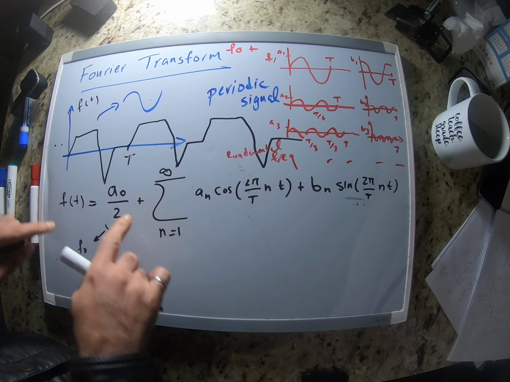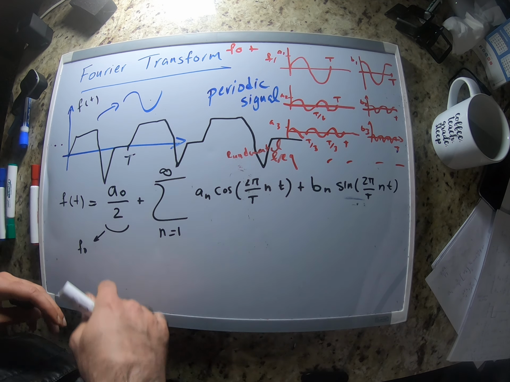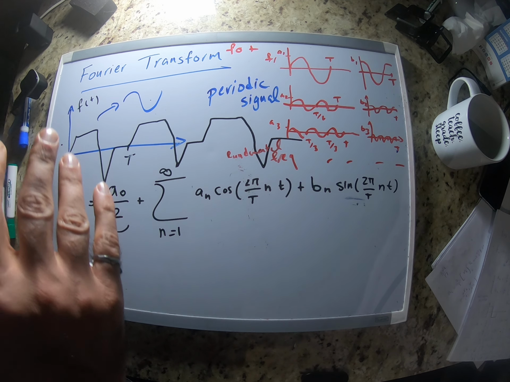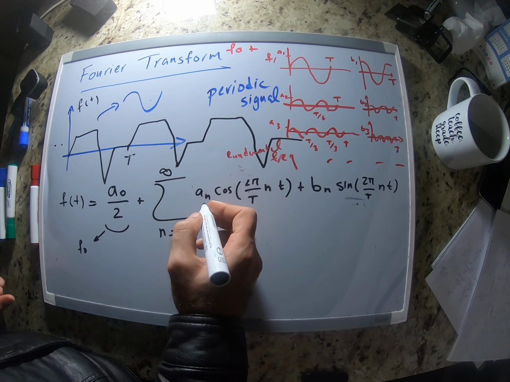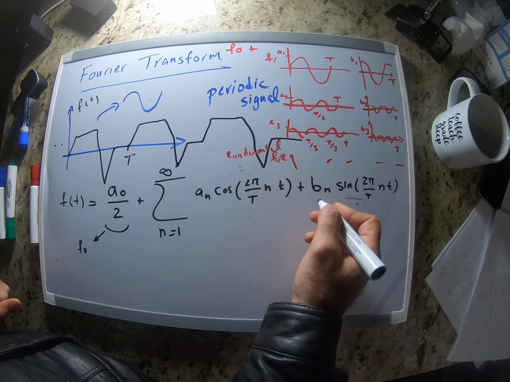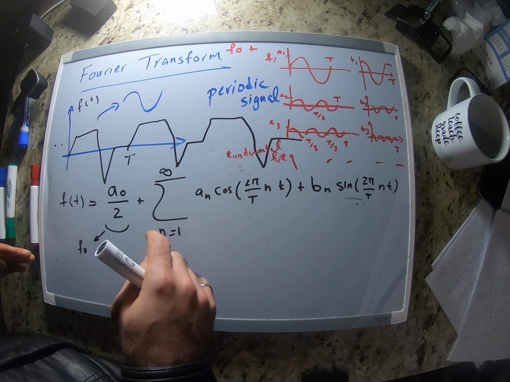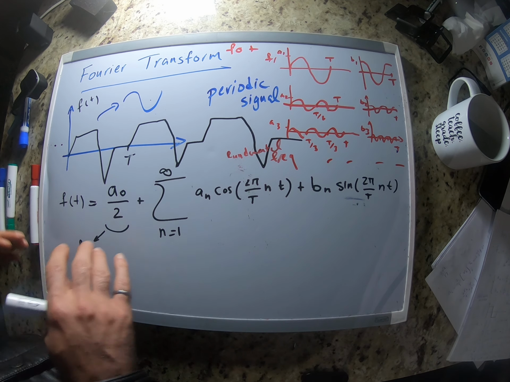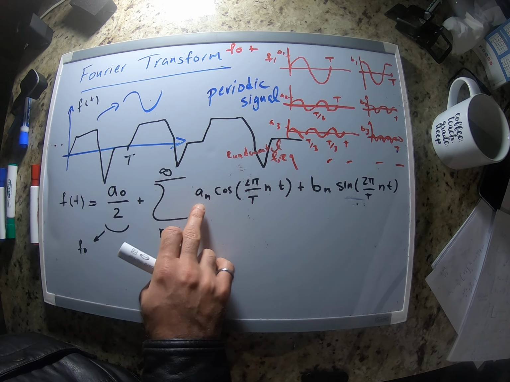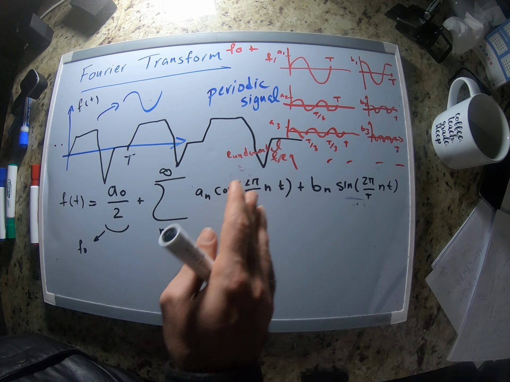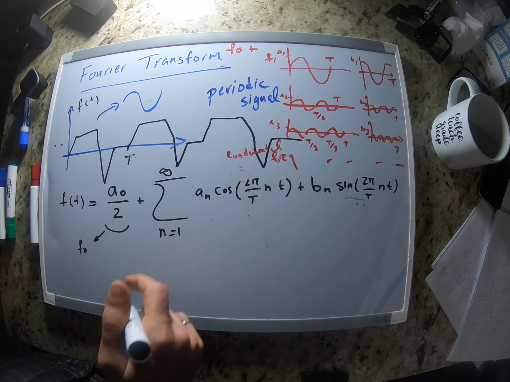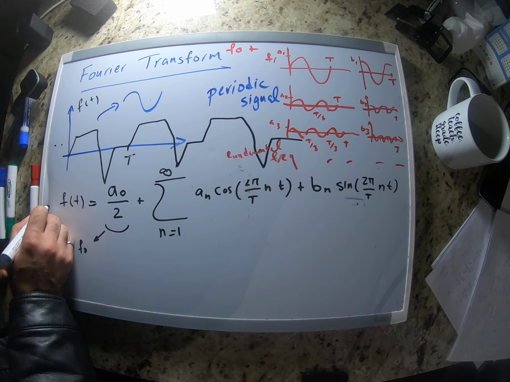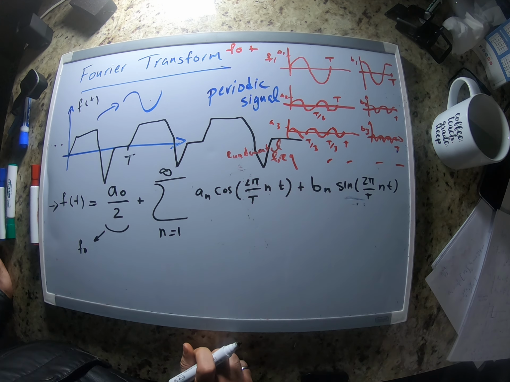If you want to be accurate, it has to go to infinity. But in practice, if you find out that An's and Bn's are getting smaller and smaller, we limit the summation. So for example, if An becomes 0.00001, then we can ignore the higher order harmonics. But this is the original formula for Fourier transform.